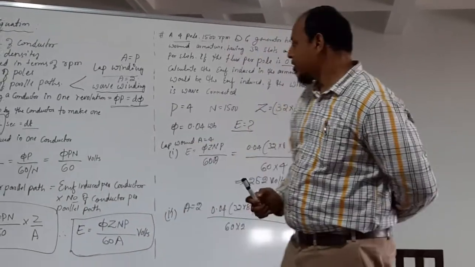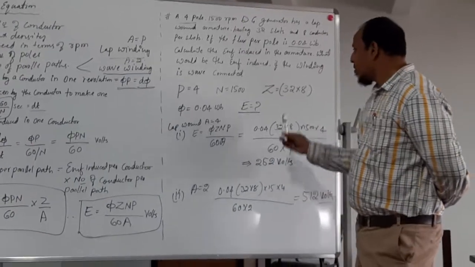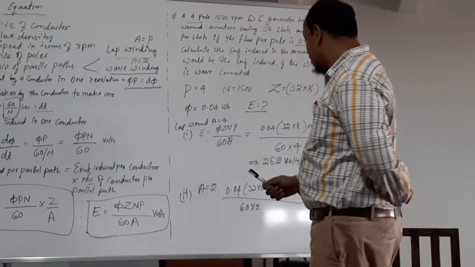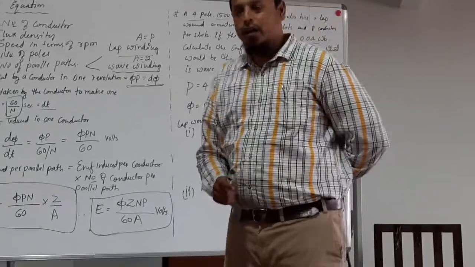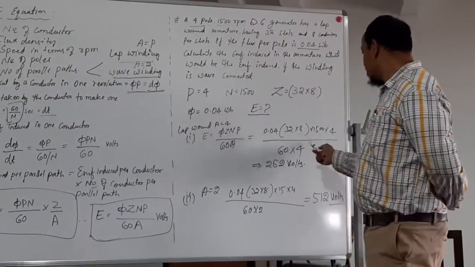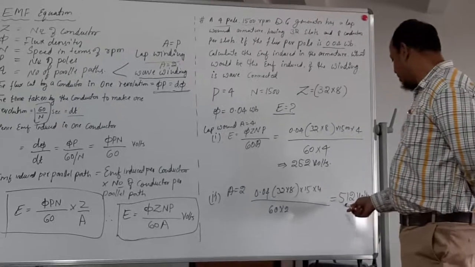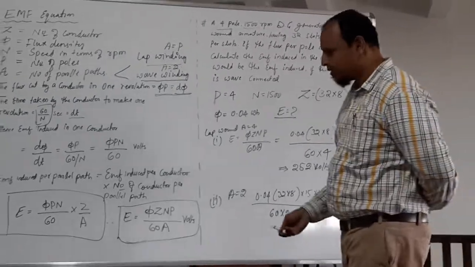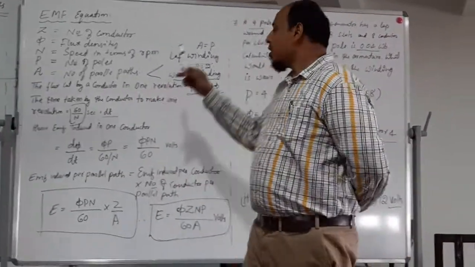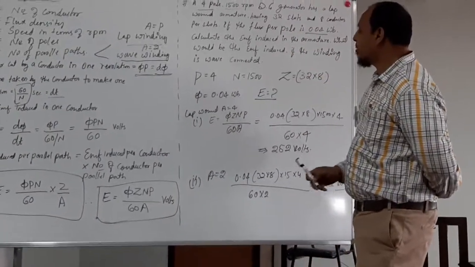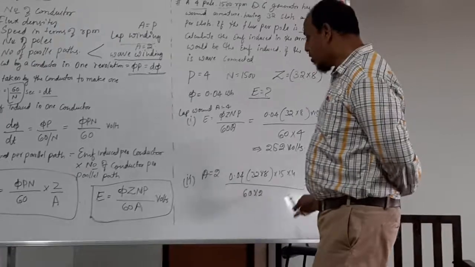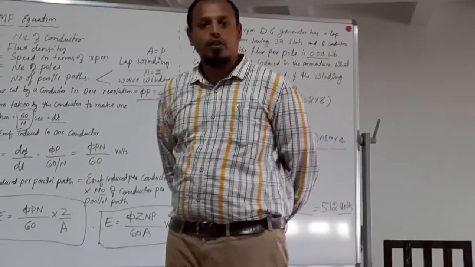And in competitive exams, by giving this question, they will ask what the induced voltage is when it is wave connected, and they will give options like 252, 512, 300, 360. If you understand this concept of solving the problem, then it is very easy for you to opt for the right option.